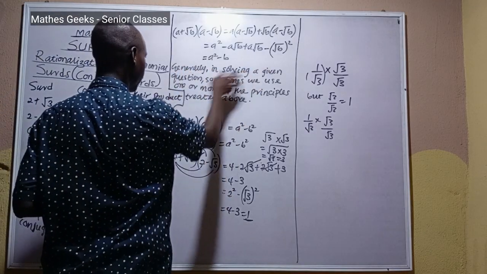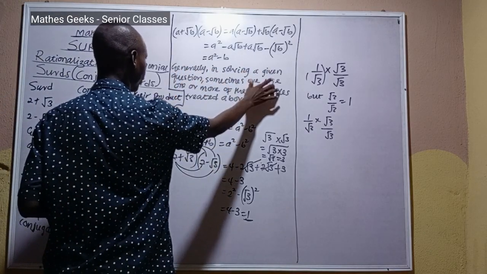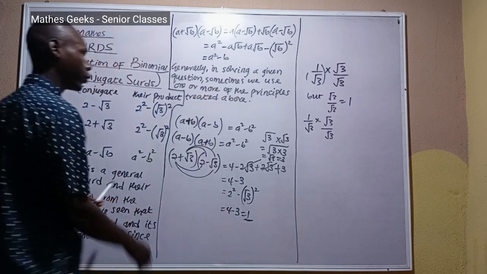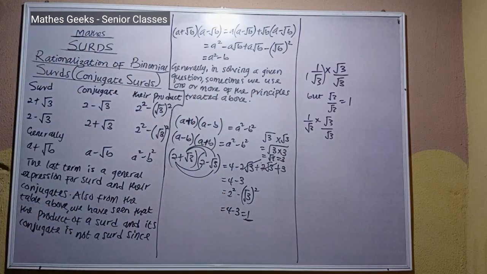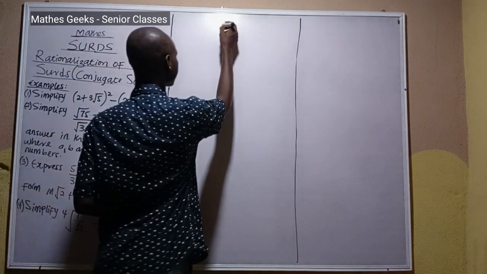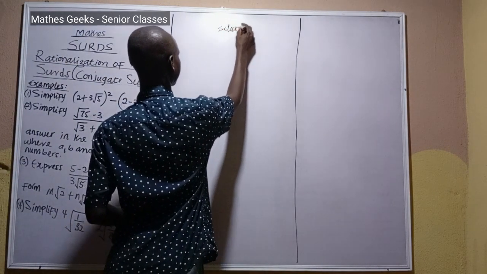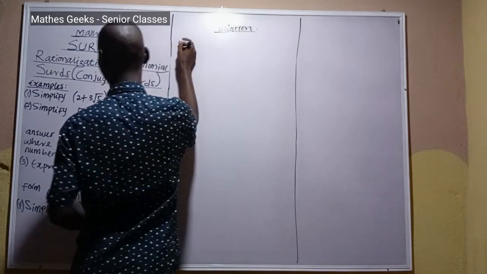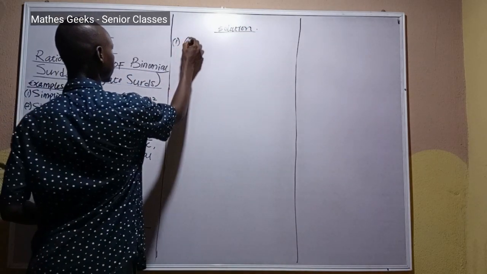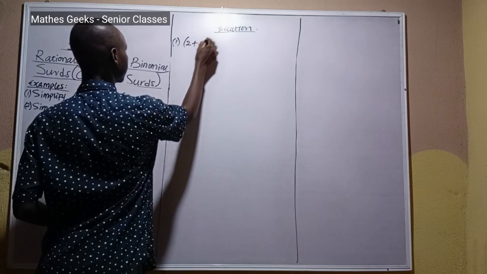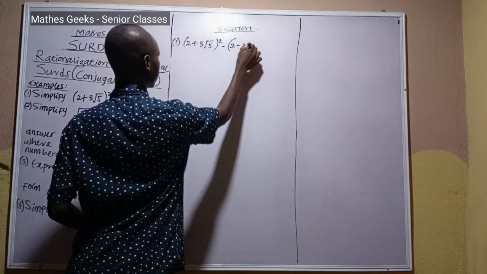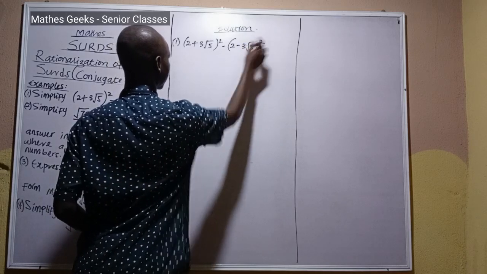Generally, in solving a given question, sometimes we use one or more of the principles treated above. Solution: simplify (2 plus 3 root 5) squared minus (2 minus 3 root 5) squared.